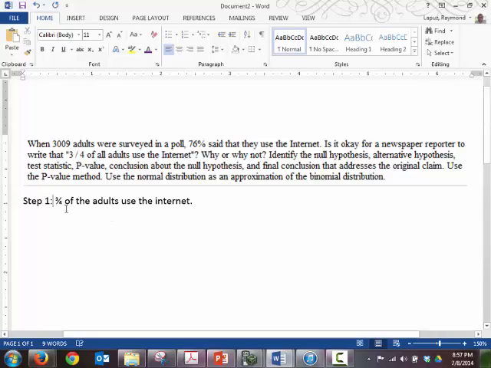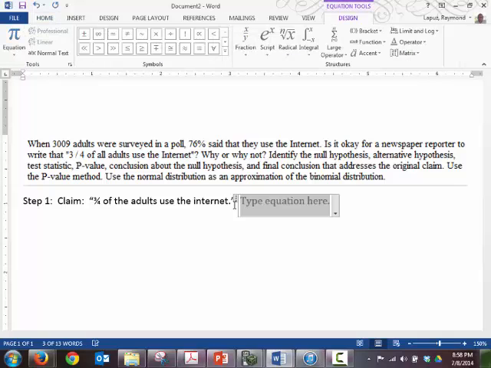So it's kind of important to state your claim first in words, so that you can use those very same words at the end when you start to say things in non-technical terms. And then, from here, try to figure out what the mathematical equivalent of that is. So this is a proportion. Maybe I should have asked you that. Is it a proportion? Yes.